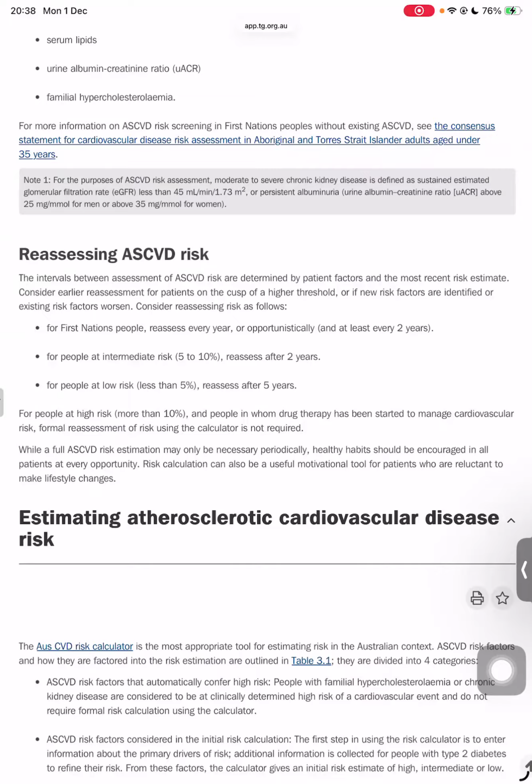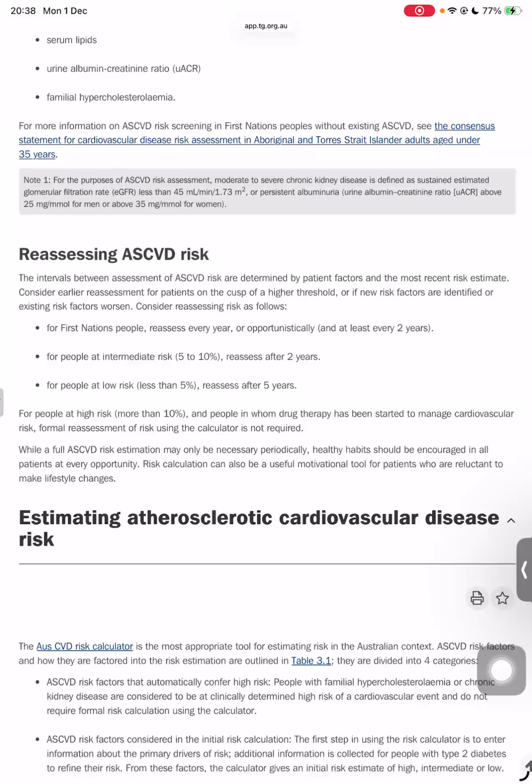For intermediate risk, we have to do the cardiovascular risk assessment tool again after 2 years. For low risk people, reassess after 5 years. But for First Nation people, we have to do it annually, even after 14 years old, because they are more prone to cardiovascular disease than other people.